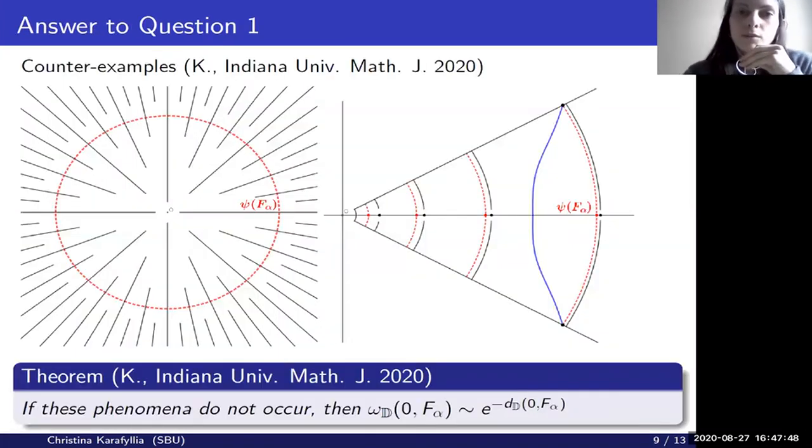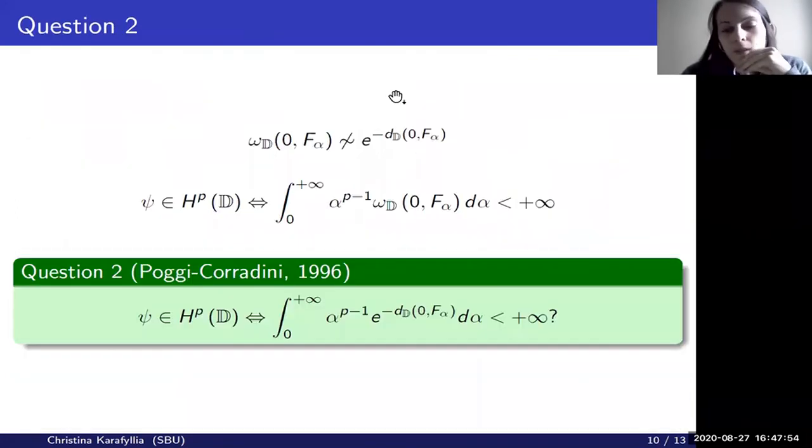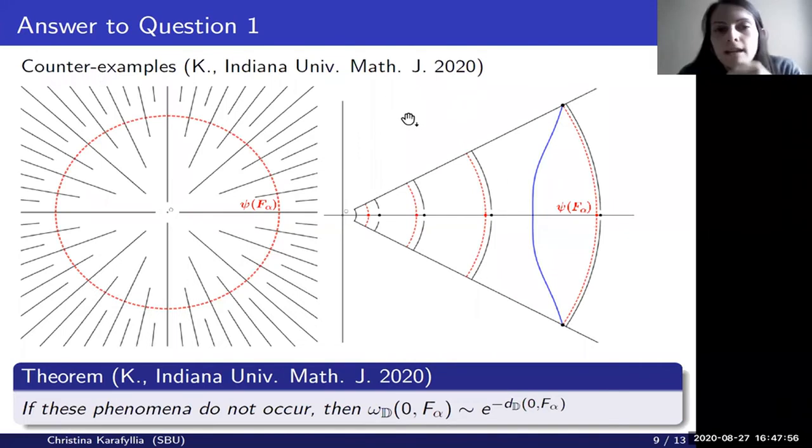The answer to the first question is negative, and this is because of two phenomena that we're going to see very briefly. These are two counterexamples that show us the reasons for which the answer is negative. This is a star-like domain, and we take the set CF alpha.